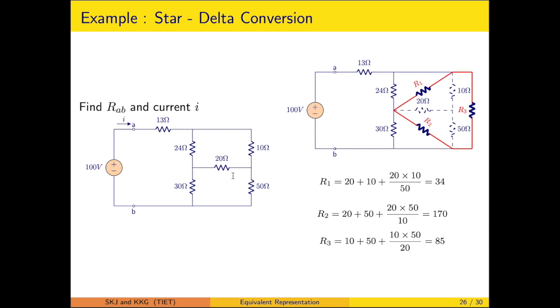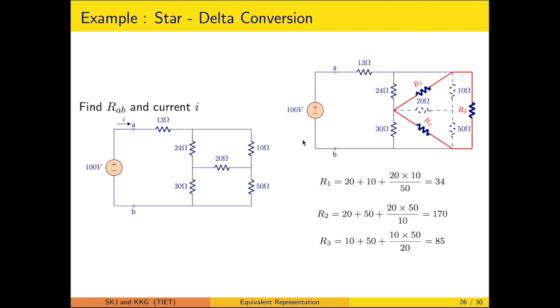So on this you have identified this 20, 10 and 50 forming a star. Another star you can identify likewise, 20, 24, 30 and so on. You can identify 24, 20, 10 as a delta connected arrangement. You can also identify 20, 50, 30 as another delta. So in either way we can approach.